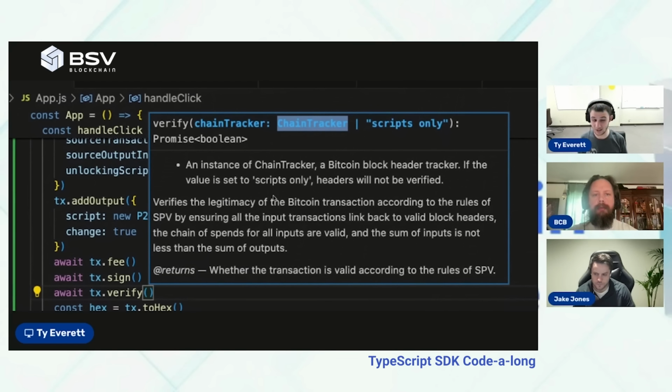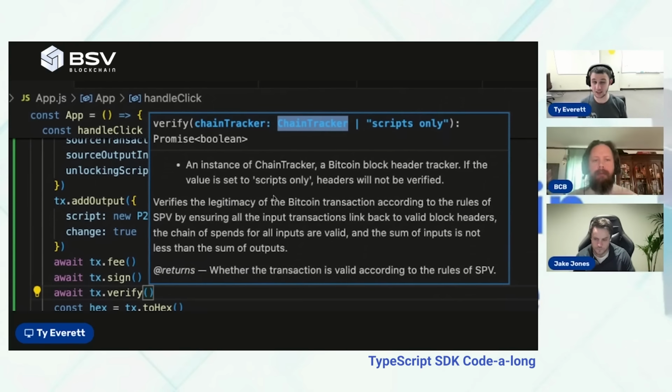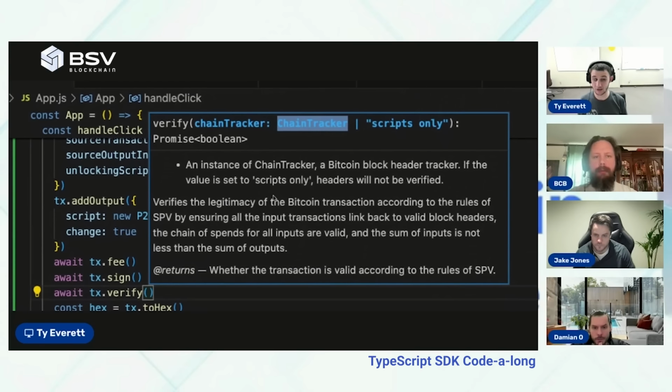So in SPV, right, you can simply get confidence that the transactions you're working with are legitimate without needing to process the entire blockchain. Other chains have done things differently and have not adopted SPV, meaning that you may need to have the entire blockchain, or they think you need to, and that's how their systems are architected in order to check the legitimacy of particular transactions.